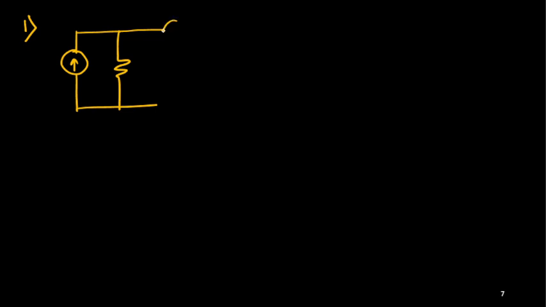And suppose I am adding one voltage source here. And then I'll consider one resistance here and one more current source. Okay. And this current source value I am giving, it is 5 ampere.